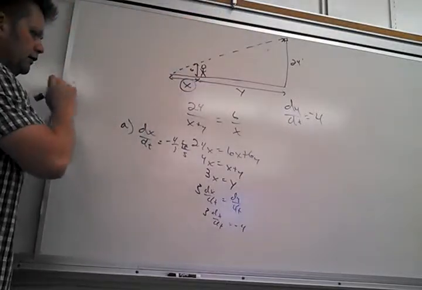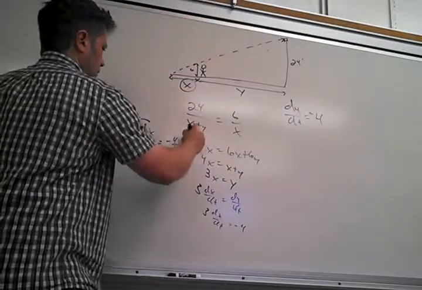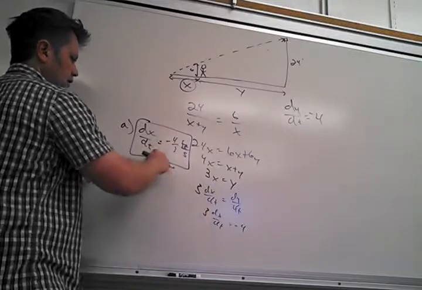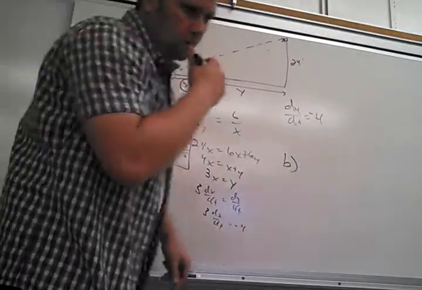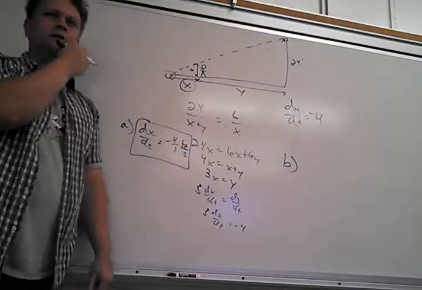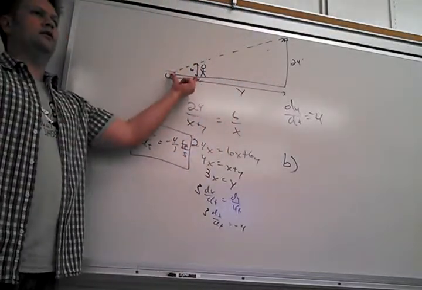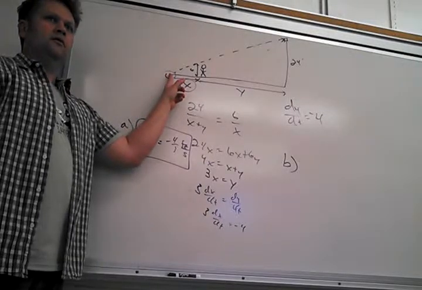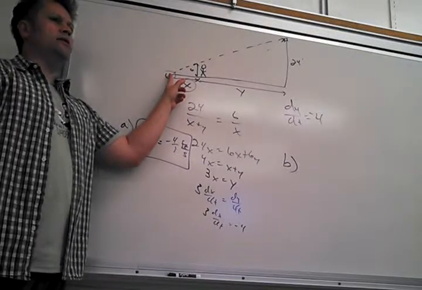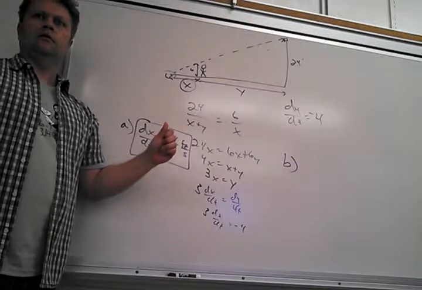Negative 4/3. Part B says, how quickly is the tip of the shadow moving? So that's different from the length of the shadow. How quickly is that moving? That would really be a question of how quickly what distance is changing. X plus y. I like it. So how quickly is x plus y changing? That's a neat question.